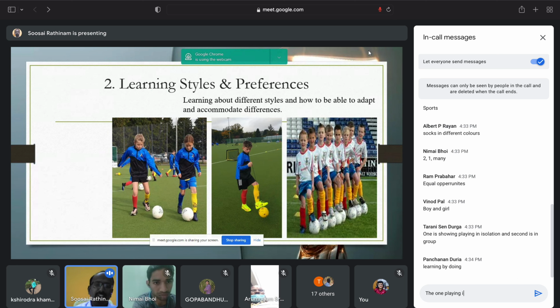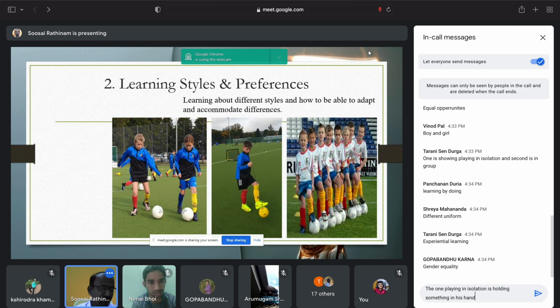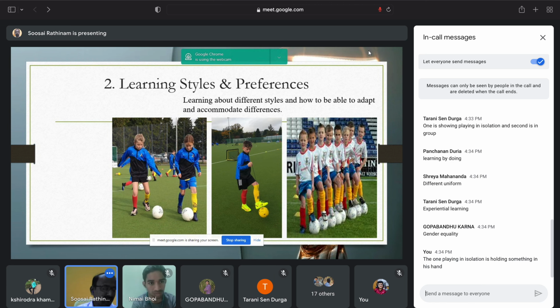Any other differences that you could see in their dress? Anything that you could see? Okay, different uniform, experiential learning. Okay, gender equality.